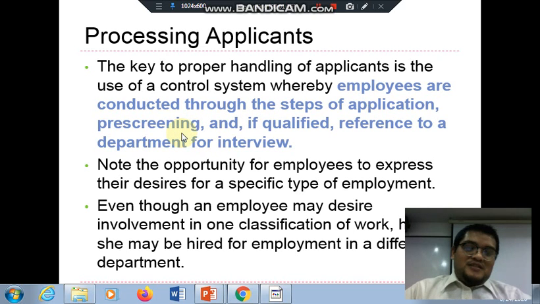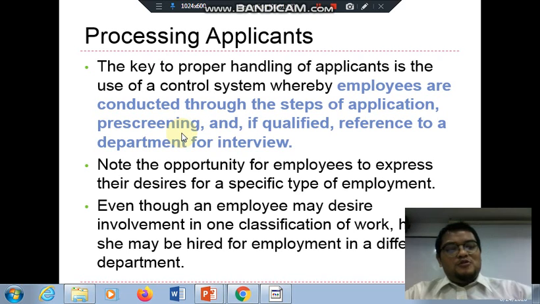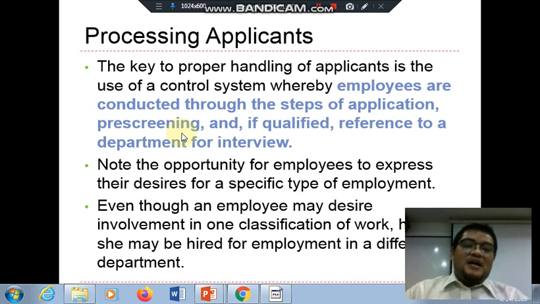How is actually pre-screening? Just now I said about screening, right? So screening or pre-screening, it is actually when we want to shortlist the potential candidates for employees. We need to screen out all the irrelevant job applications, so that we will be able to shortlist the qualified candidate.